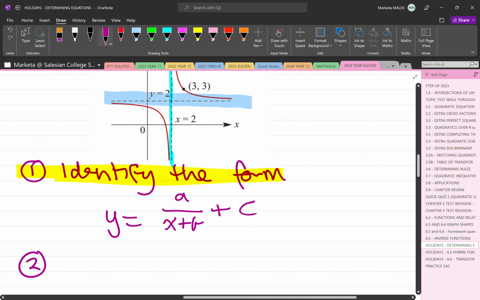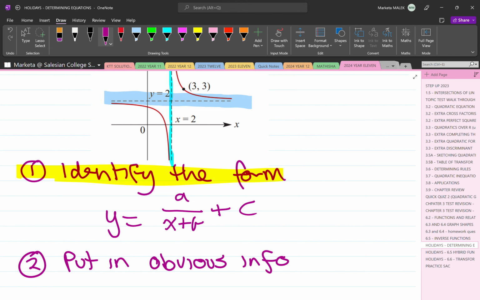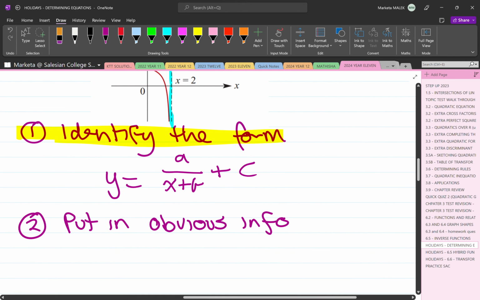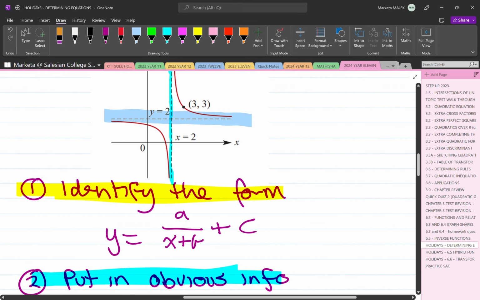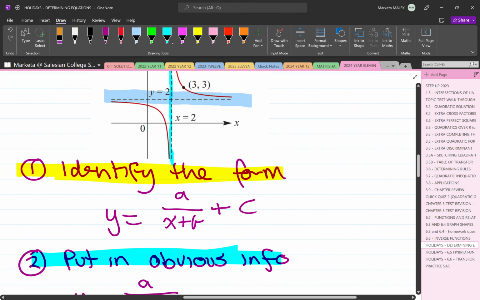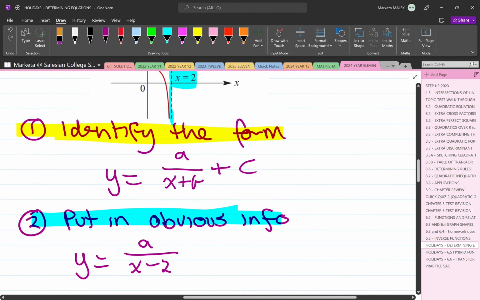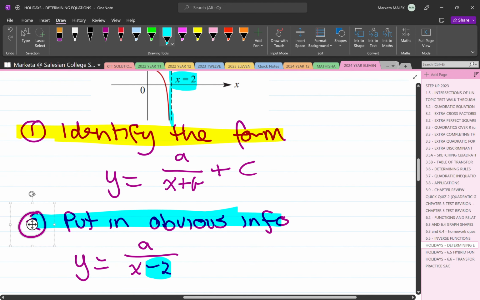So step 2, put in the obvious information, and it's the asymptotes. So we've got y equals a over x minus 2, and so that's the x asymptote, always the opposite direction. So this is a positive 2 there, so it means we say negative 2 in our equation.